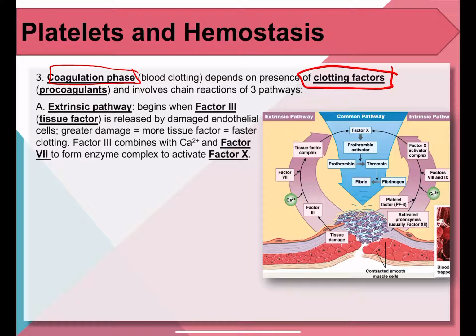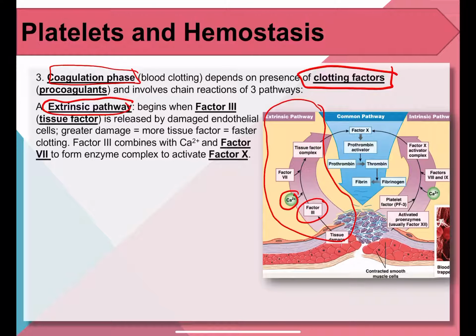You have the extrinsic pathway, which is this one right here, which mainly involves factor 3 first, which then binds with calcium and factor 7 to form an enzyme complex that will activate another enzyme called factor 10.